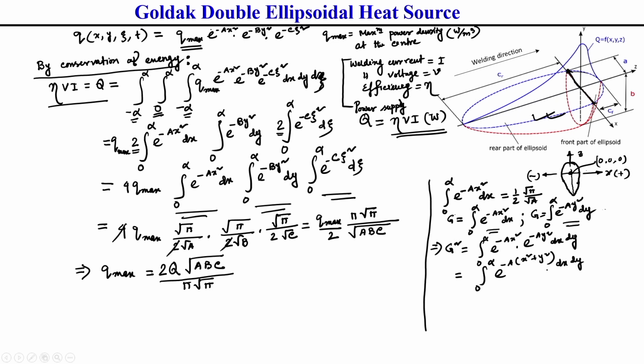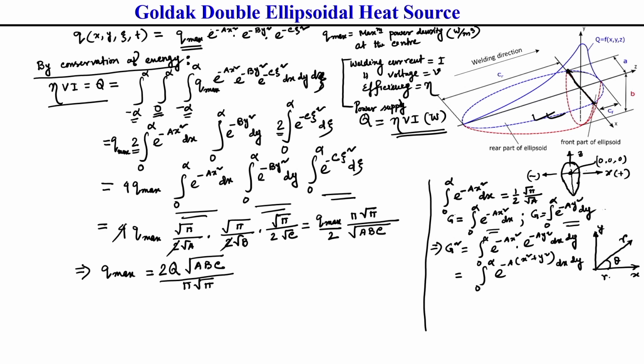This thing further you can write as what? Let us consider, here I am drawing, this is our x axis, this is our y axis, and let this be our radial axis r, which makes an angle, let us say theta. So, from here in terms of r, what is the x component you can write?